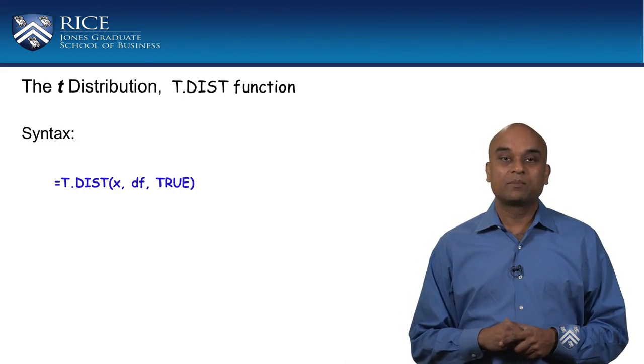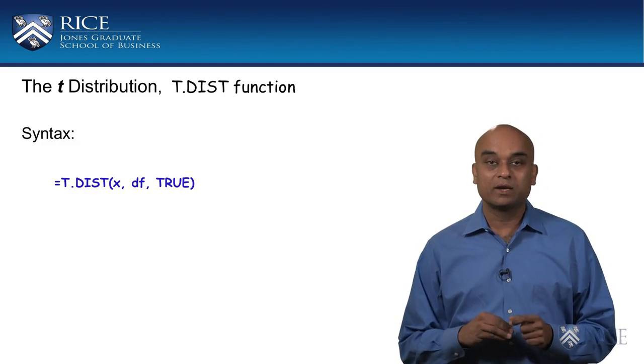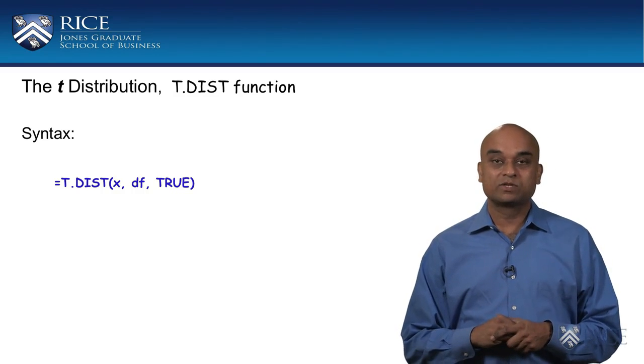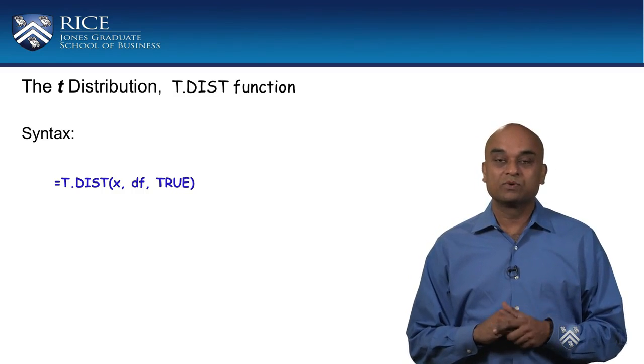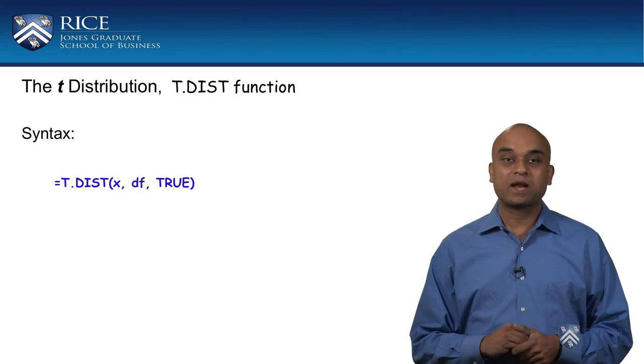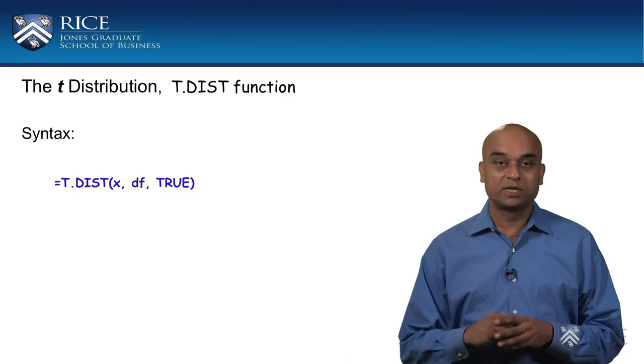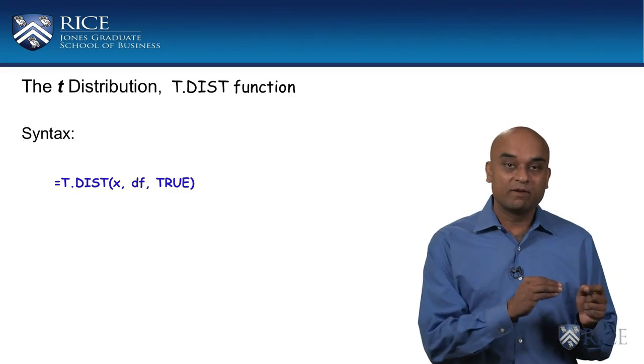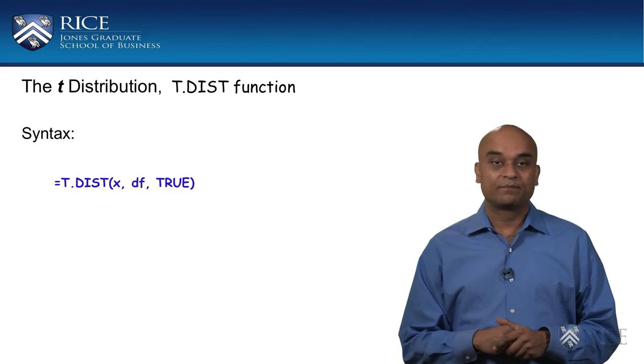This would calculate the probability or area under the curve to the left of x. As with the normal distribution, in the t distribution, the possible values that the random variable which follows the t distribution can take ranges from negative infinity to positive infinity.